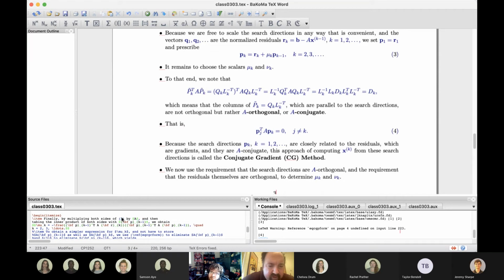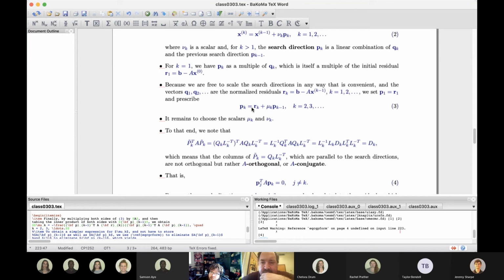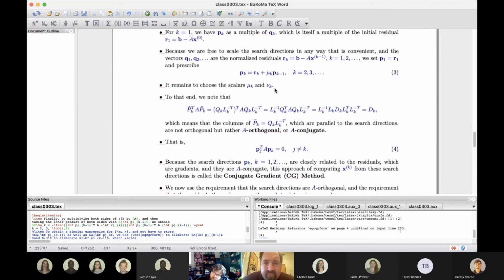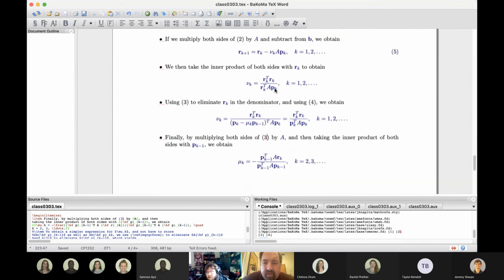So if I take this equation, I need mu_k now. So what I do is I multiply both sides of this equation by A, and then I take the inner product of both sides with p_{k-1}.